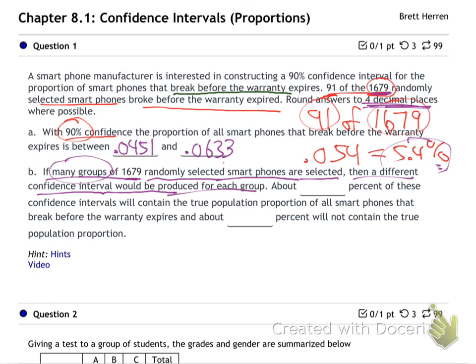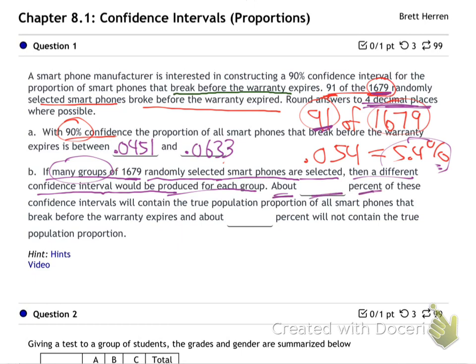You tracking with me? If they took another 1679 phones at random, they wouldn't get exactly 91 break again. They might get close. Might get 85, might get 102. You're probably not going to get exactly 91. You're going to get a little bit different results, right? Because of luck, because of randomness, right?